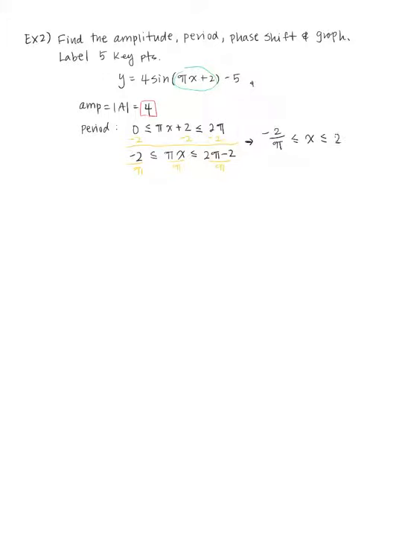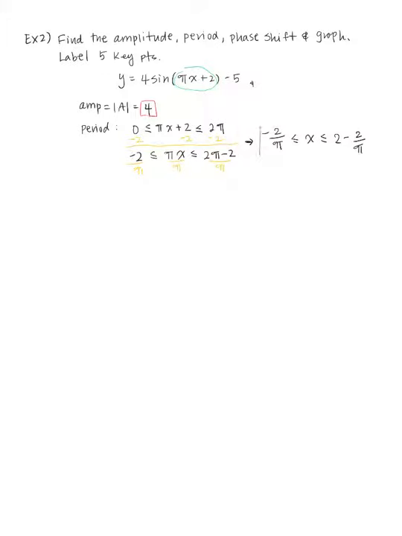So that should give us 2 minus 2 over pi. Okay, so instead of starting from 0, that 0 point is going to become negative 2 over pi. And instead of a 2 pi, you're going to have to replace the 2 pi with 2 minus 2 over pi.